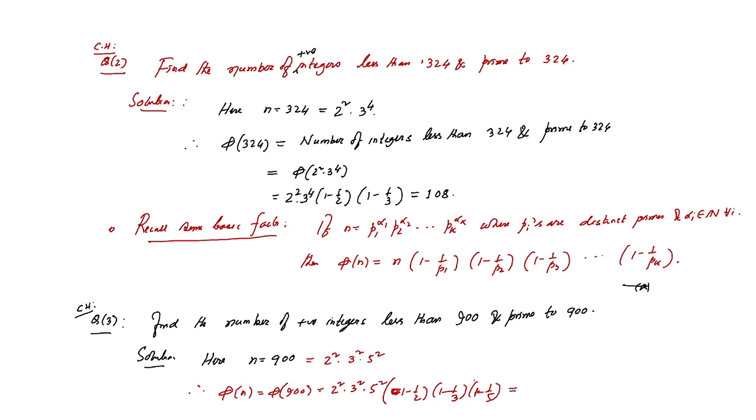Just do the simple calculation and you will see this value is 240. Thus the number of positive integers less than 900 and prime to 900 equals 240.